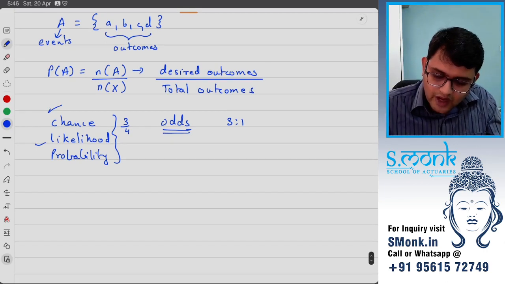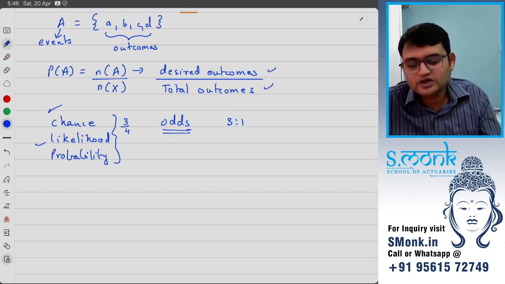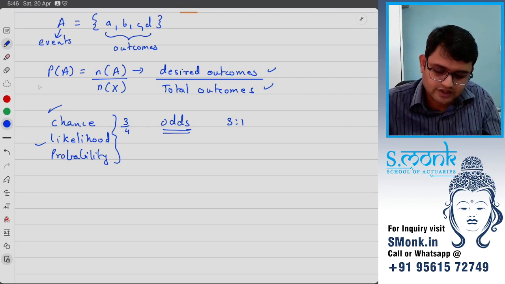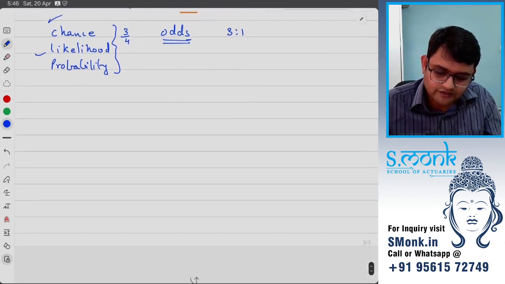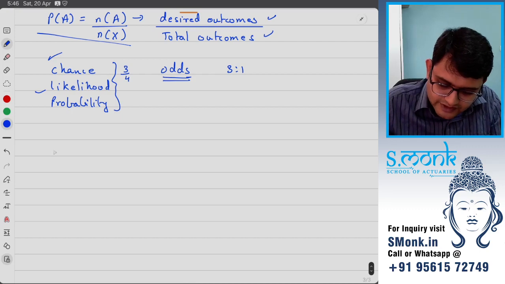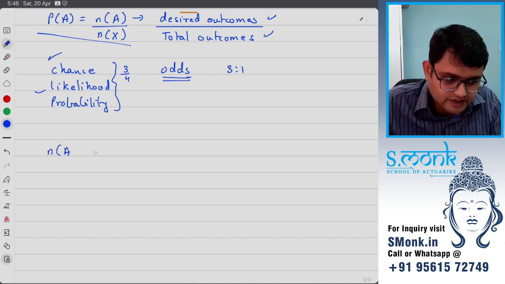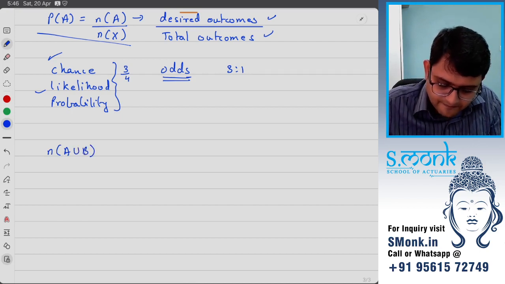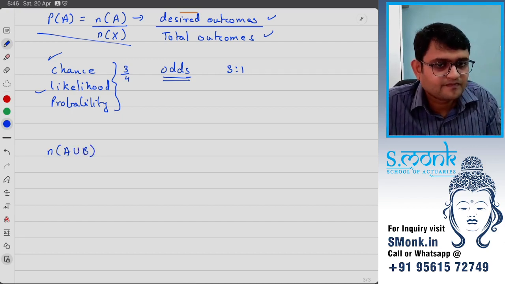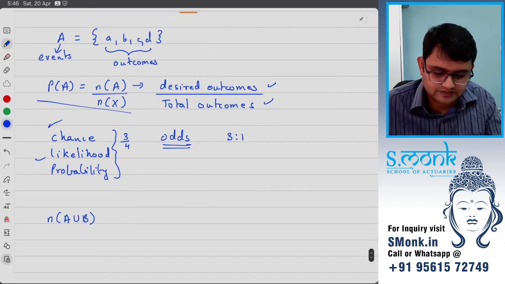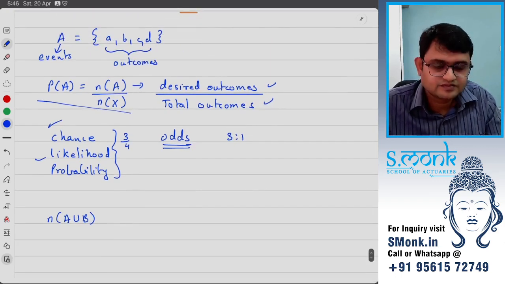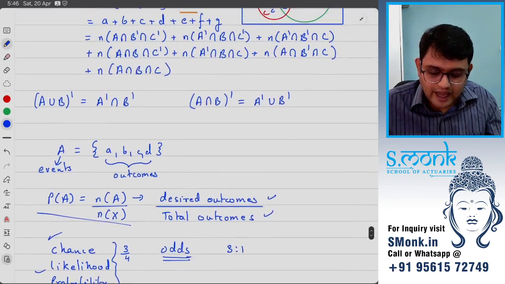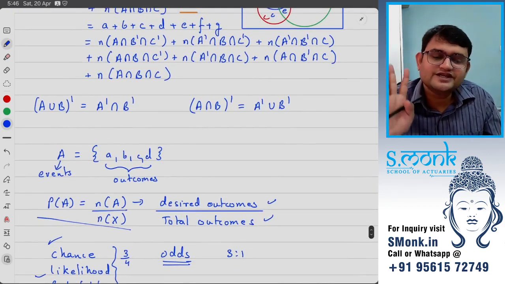So this is how we calculate probability, the desired outcomes upon total outcomes. This is the probability formula. Now when it comes to sets, we said number of elements in. Yes, Rahman? Sir, event A has got 4 outcomes, right? Yes. So if I pick, I'll get only either A or B or C or D, but I'll get one outcome, right? Yes. So I'm saying if you get A, B, C or D, it is success.